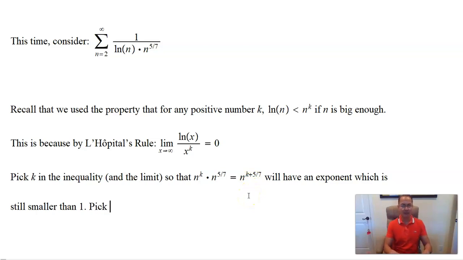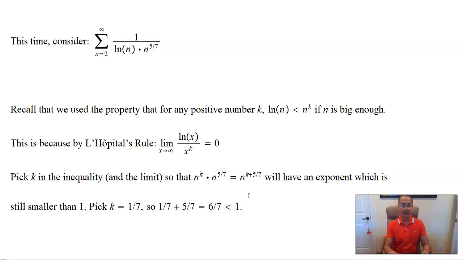How about we pick k equals just 1 over 7? Because 1 over 7 plus 5 over 7 equals 6 over 7. That's the only advantage I can think of for picking 1 over 7: still 7 in the denominator, but the numerator 6 gives us 6 over 7, which is still smaller than 1.